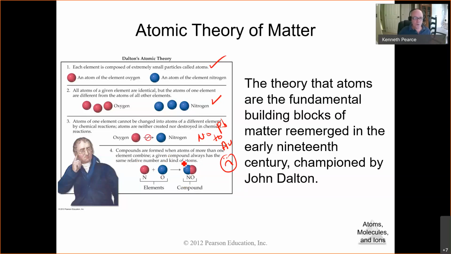Now, one thing about elements that people get confused about is that elements cannot be broken down into simpler elements. Okay, and once it's an element, it can't be broken down. All right, whereas compounds can be reduced to simpler elements.